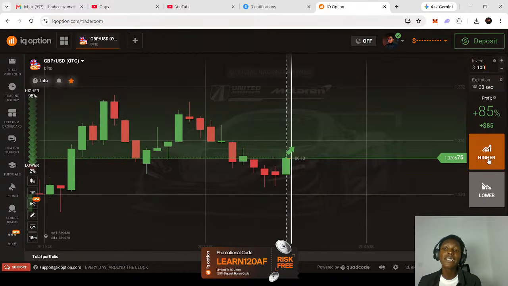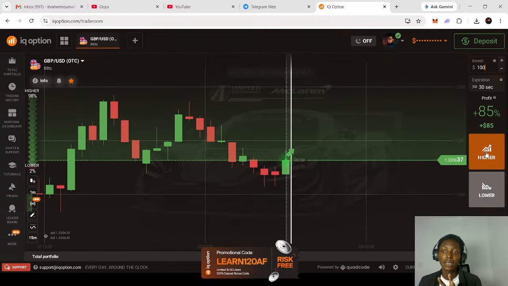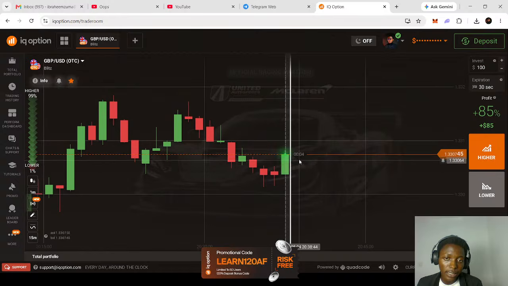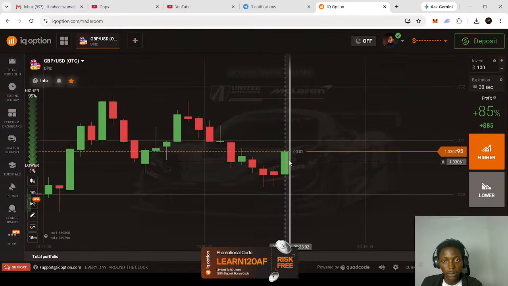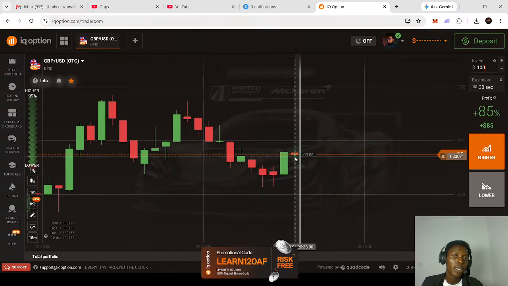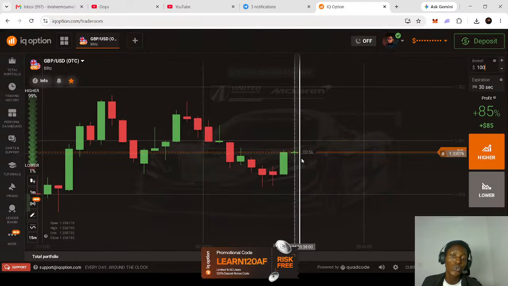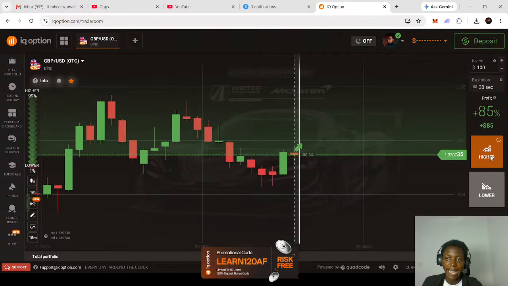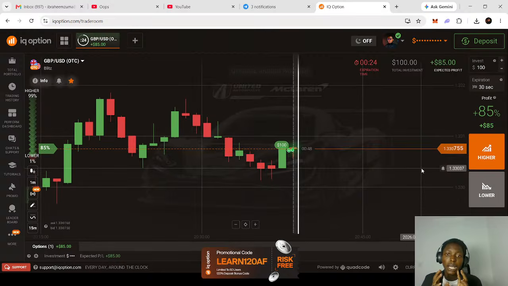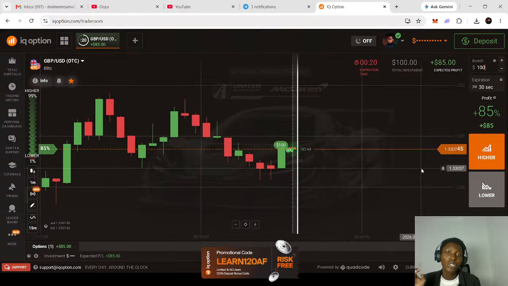And so let's say we are opening a buying position here. There are 6 seconds left before we have a new candle, right? And so now after 1 second, we will have a new candle here. If you think that the market is going up, you just click higher. And now you have opened a position for the next 30 seconds. We put $100 and we open a position for just 30 seconds.